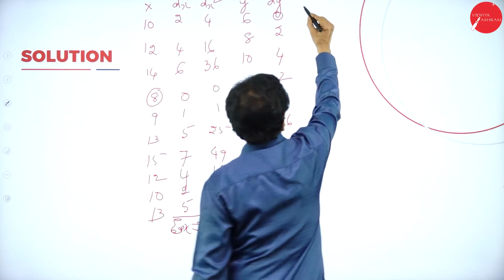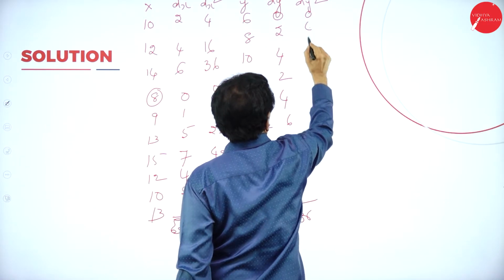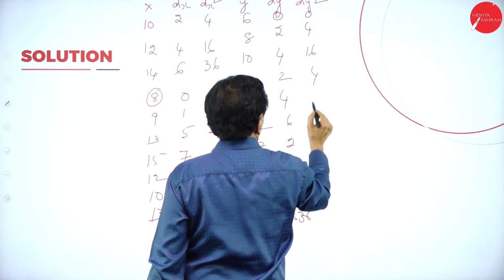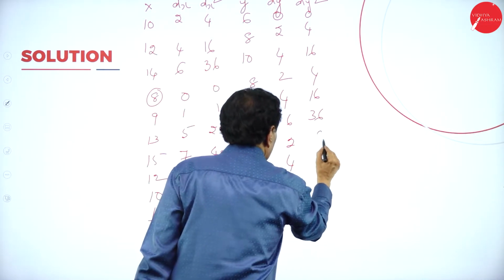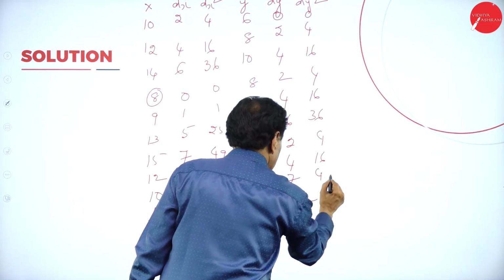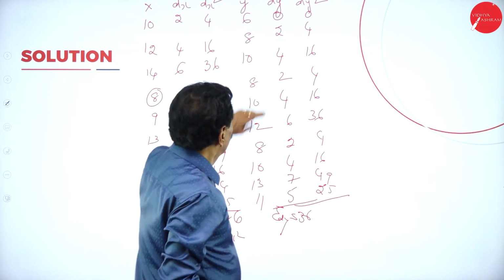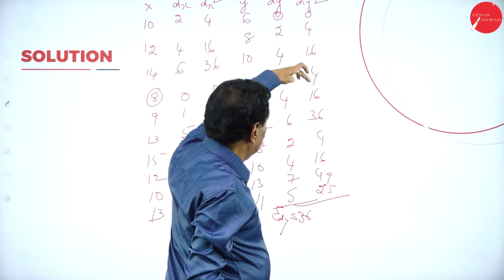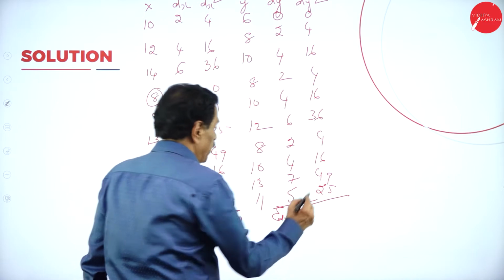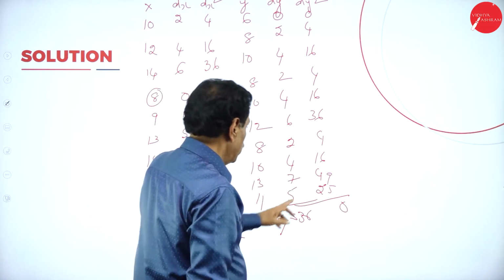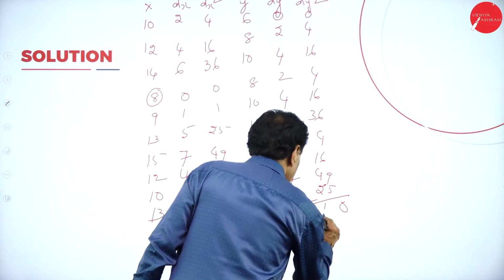Square of this number, dy square: 0, 4, 16, 4, 16, 36, 4, 16, 49, 25. Add the numbers: 4 plus 6, 10, 14, 20, 26, 30, 36, 45, 50, 5 plus 2, 7, 11, 12, 15, 16, 17, 170.